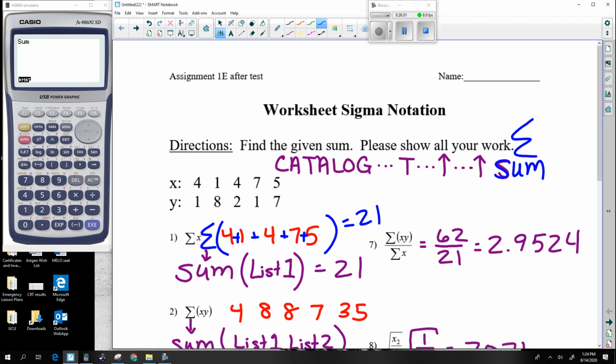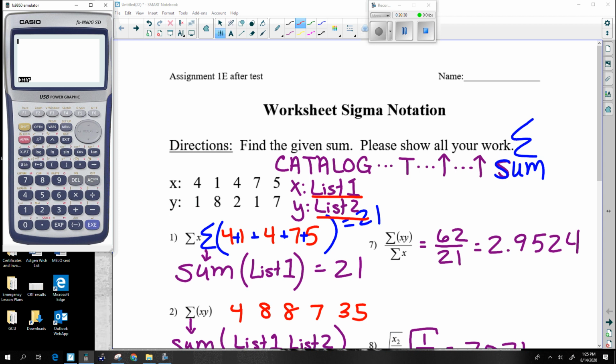And then you put in the x's and the y's that you created. X's are most likely under list 1, I'm assuming, and y's are oftentimes under list 2. So you just literally use the word list 1 and list 2 wherever you see an x and a y. And that will get you whatever you need to get to.